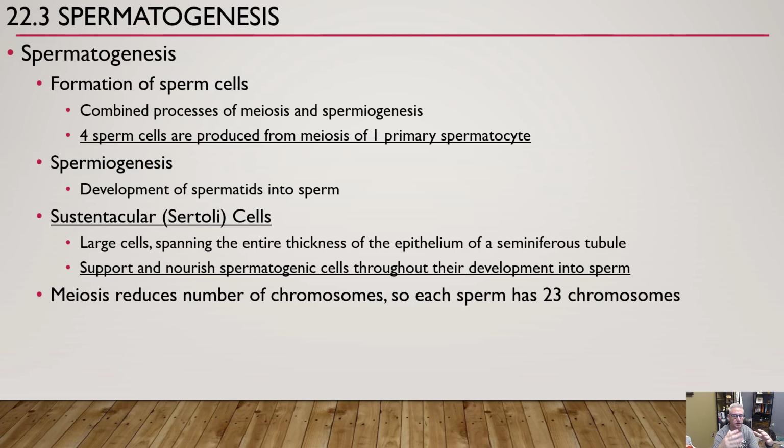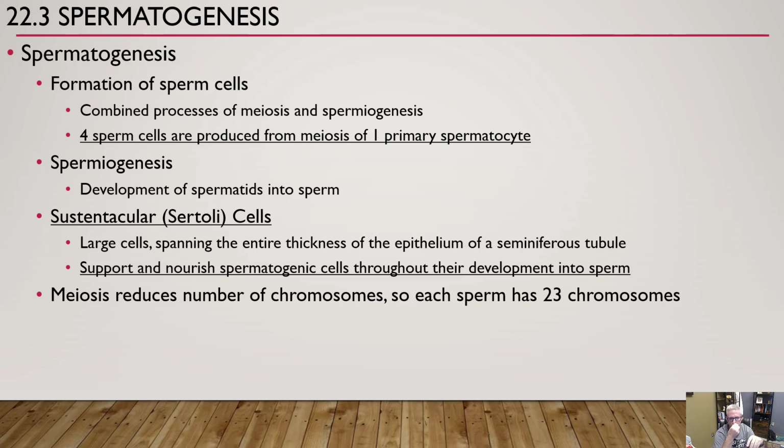spermiogenesis, where we have 4 sperm cells that are produced from meiosis, and from one spermatocyte. But spermiogenesis is how we create those spermatids, or those immature sperm cells, into sperm. And that happens in the sustentacular cells, or those Sertoli cells.